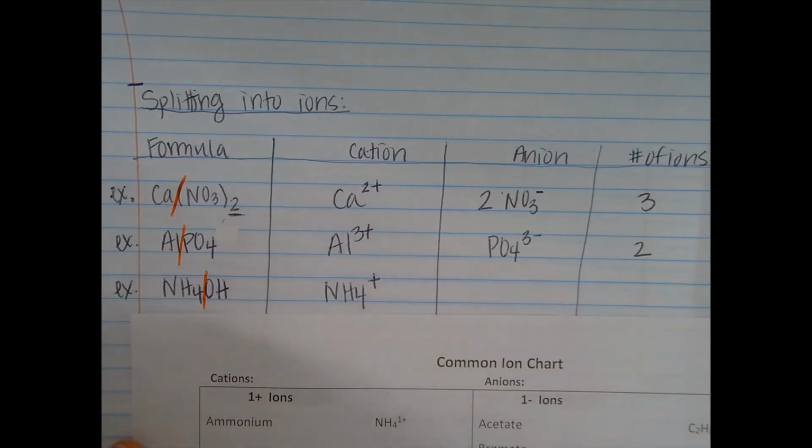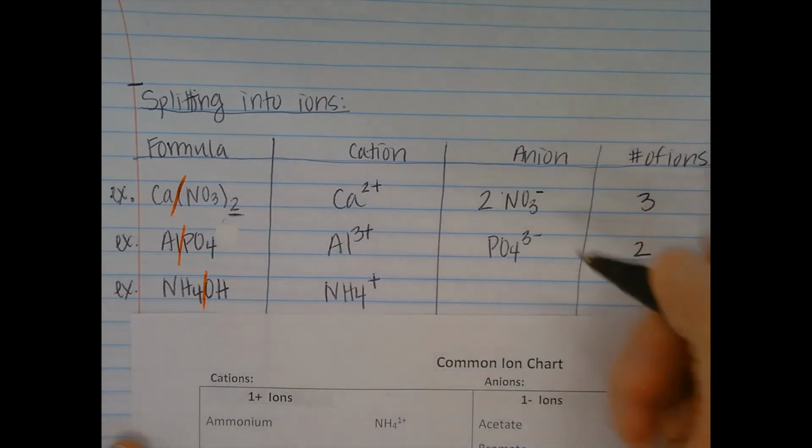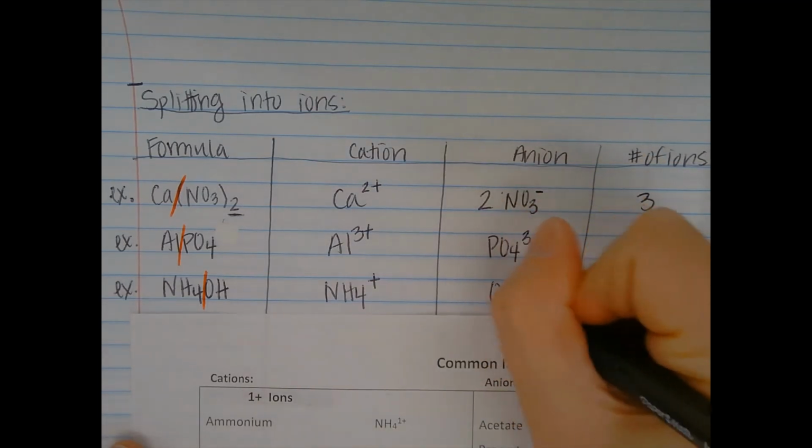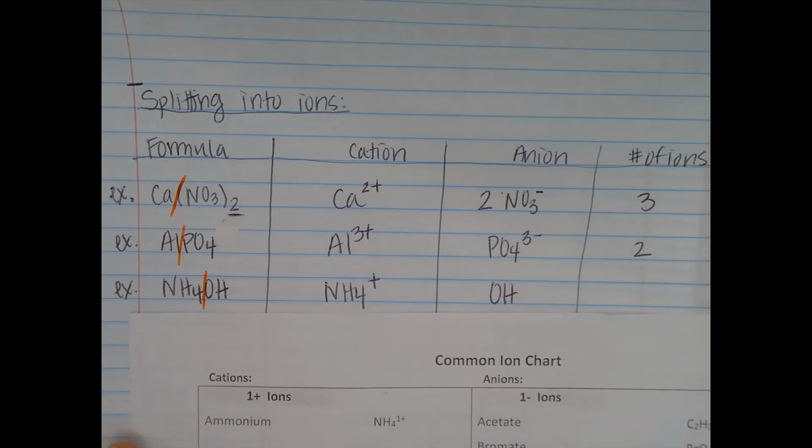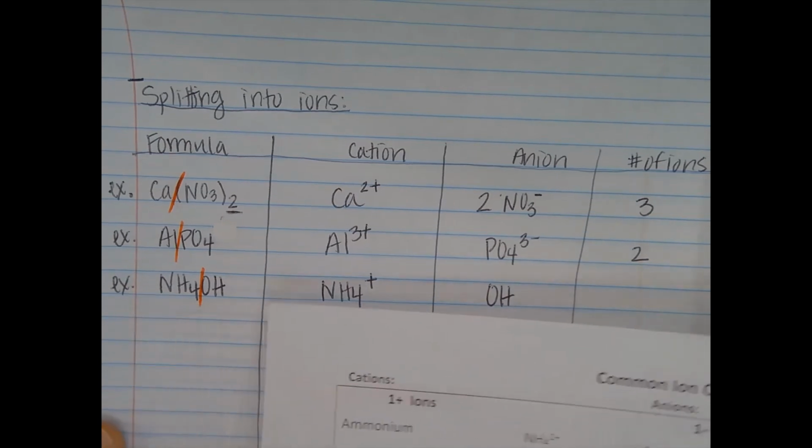So that's an OH. Look on the chart and see if you can find an OH. When you find it, put your finger on it. Did you find it? What's it called?